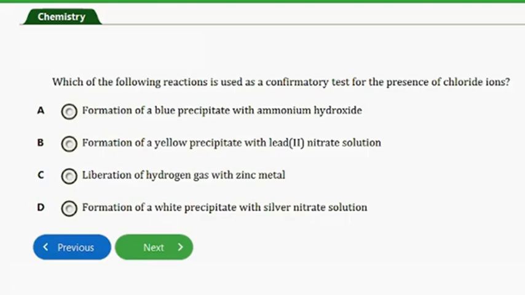C, liberation of hydrogen gas with zinc metal. D, formation of a white precipitate with silver nitrate solution. So guys, the answer to this question is option D, and that's formation of a white precipitate with silver nitrate solution. So that's the reaction that is used as a confirmatory test for the presence of chloride ion.